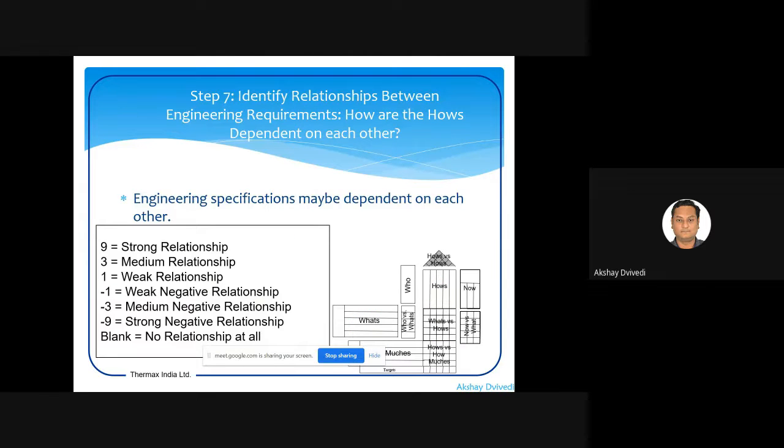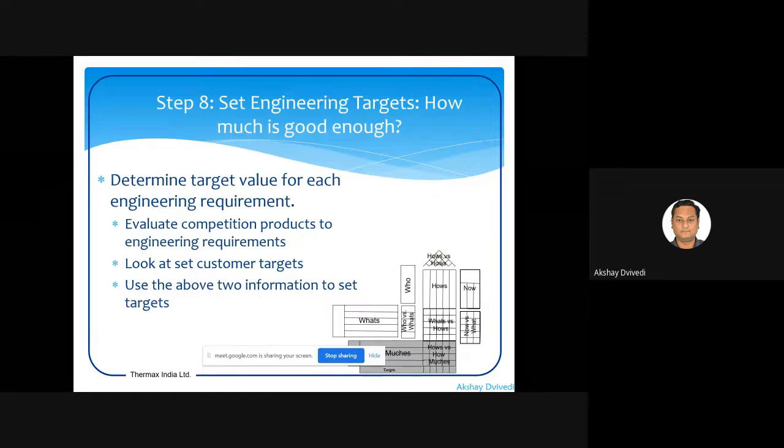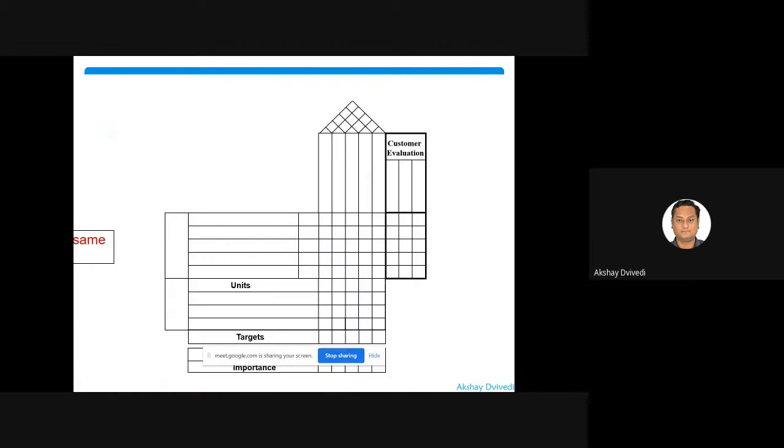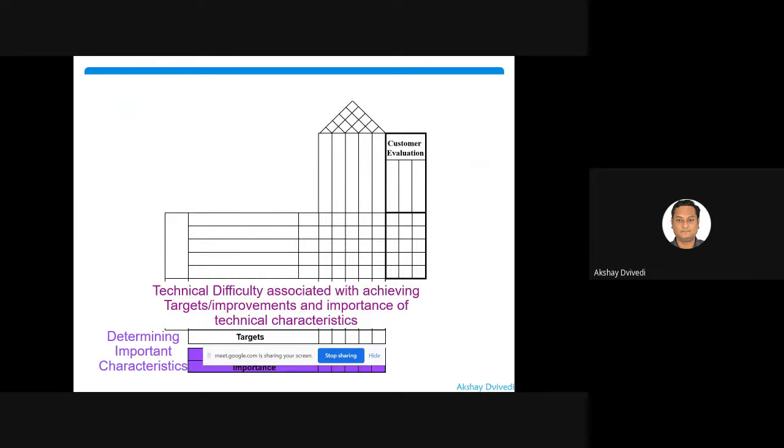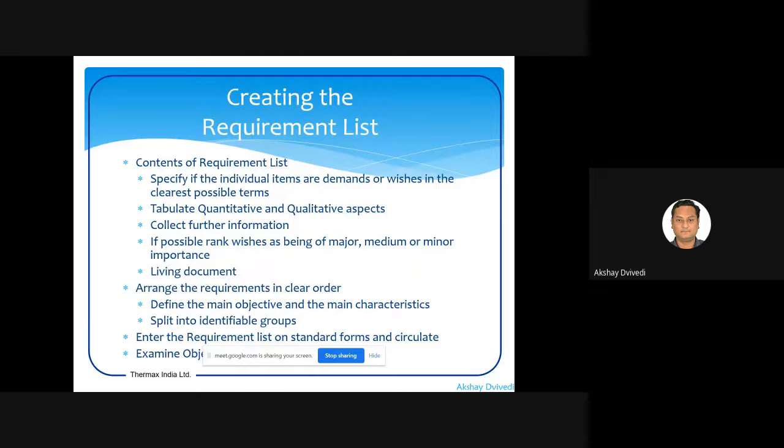Once you do that, you reach a level where the top triangular matrix comes into picture, which is comparison between technical descriptors, that is house versus house. Once you do that entire thing, the step which comes into picture is finding the target. What is that specific target which a customer desires? And once you do this, you are at a level where you clearly understand what this product should do.